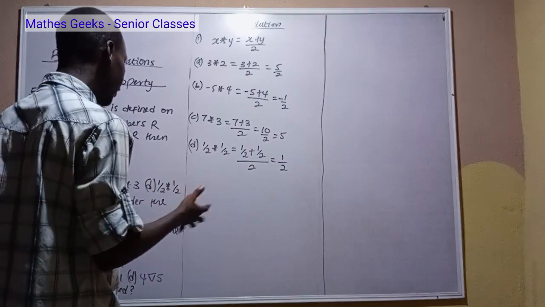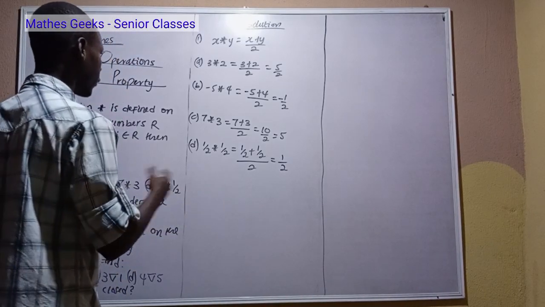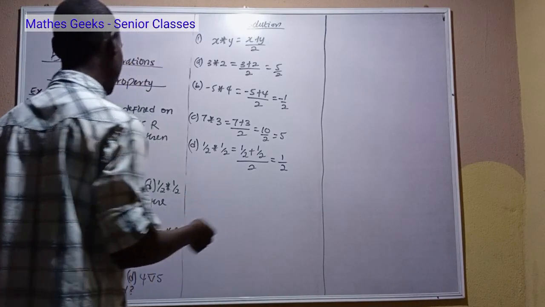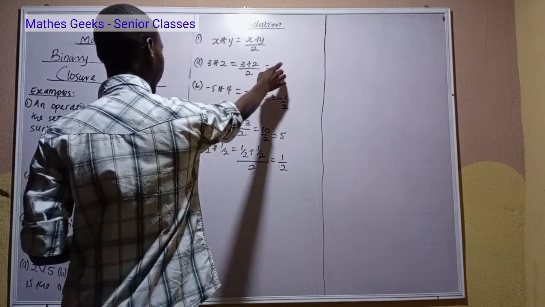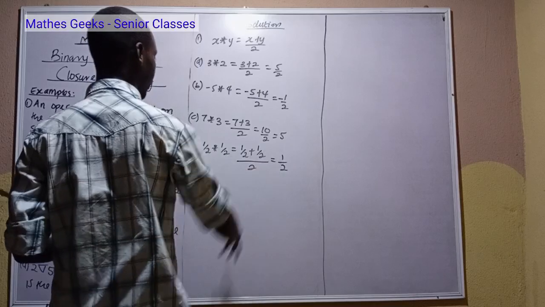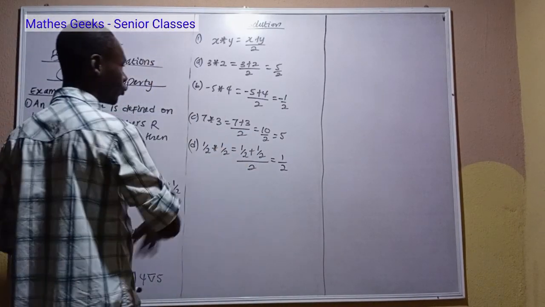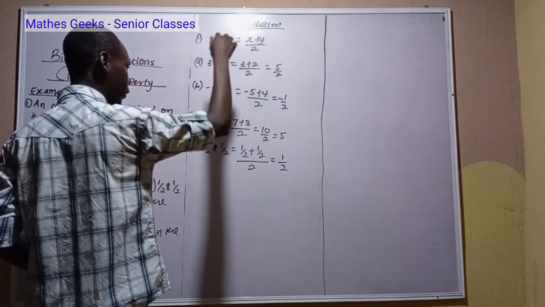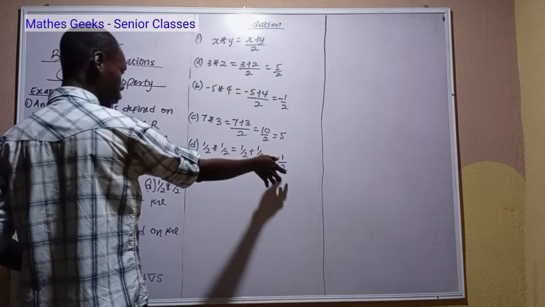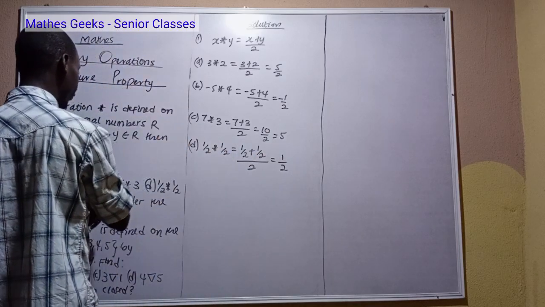So any number that is real has to do with numbers that we know in mathematics. Negative numbers, fractions, decimal numbers all belong to the set of real numbers. So therefore, this rule of combination, x star y, which is x plus y over 2, produces results which are also members of the set of real numbers.